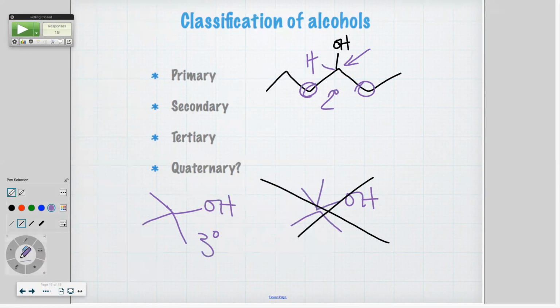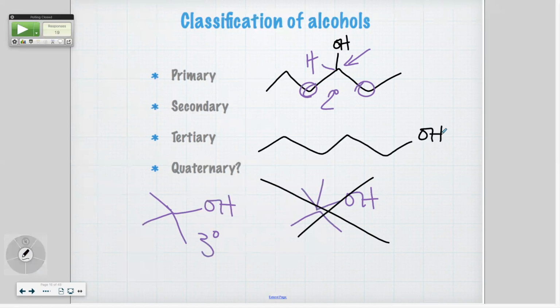You want one more? What's that alcohol? Primary. Okay, you look at this carbon here. This is your R group attached to it. It doesn't matter what's attached to that or this. It only matters what's directly attached to that carbon. This is really important because the kind of alcohol is going to change its reactivity.